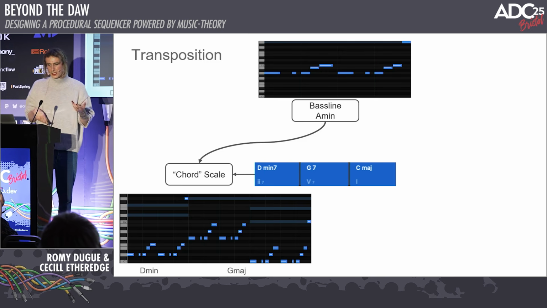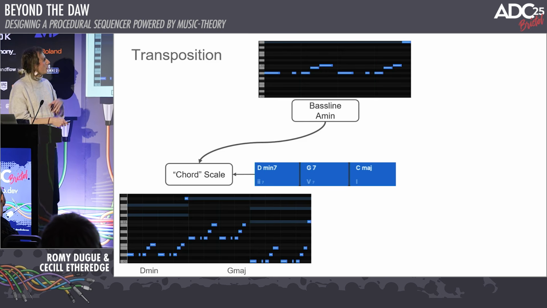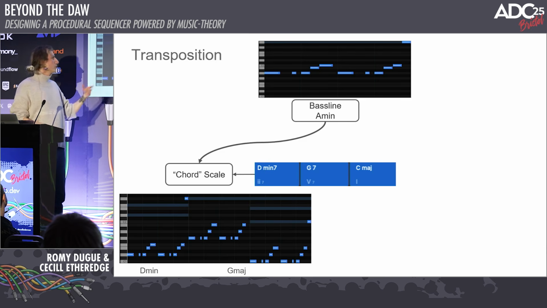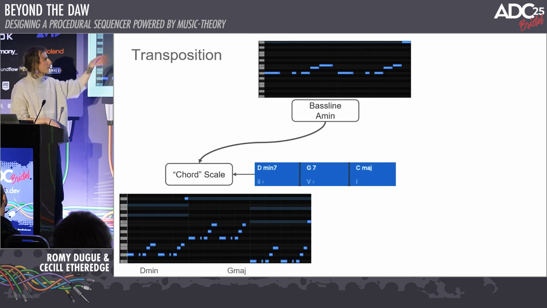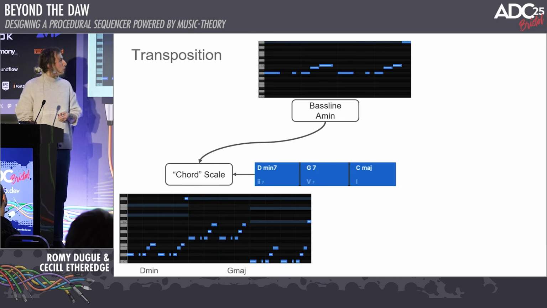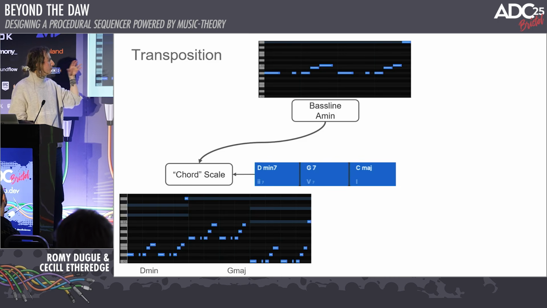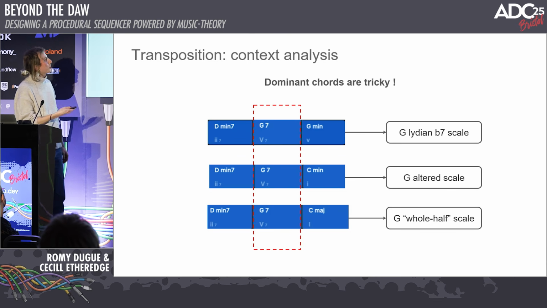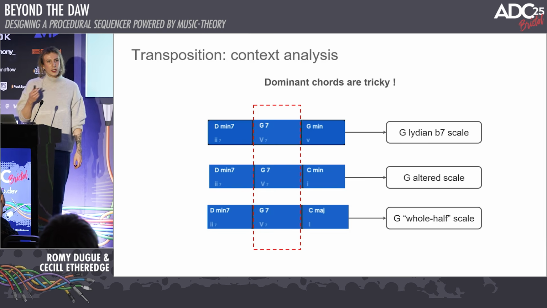But it's not that easy because you have to be really careful. It's not because something is a minor chord that you're going to be transposing to a minor scale, and if it's a major chord, you're going to be transposing to a major scale. Like in the D minor 7 example, it could be minor, it could be Dorian, all sorts of things. A good example is dominant chords, because dominant chords are tricky in their nature.